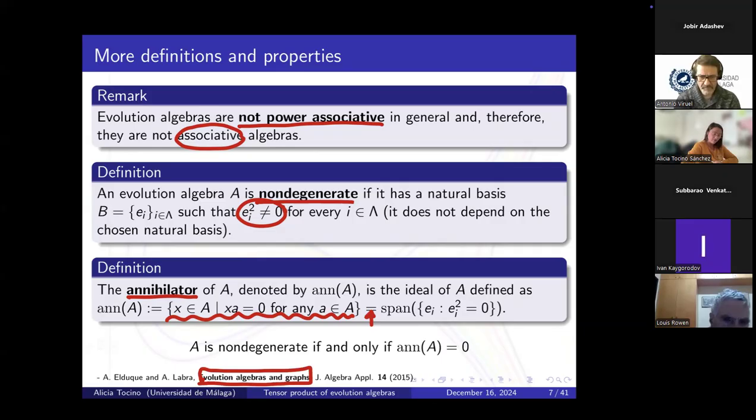So we can construct the annihilator of an evolution algebra as the span of all the elements in the basis such that the square is 0. And as a conclusion, an algebra is non-degenerate if and only if the annihilator is 0. This is well known.